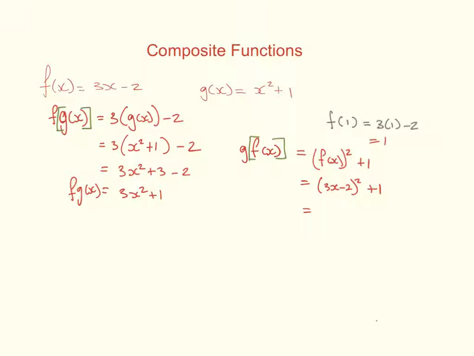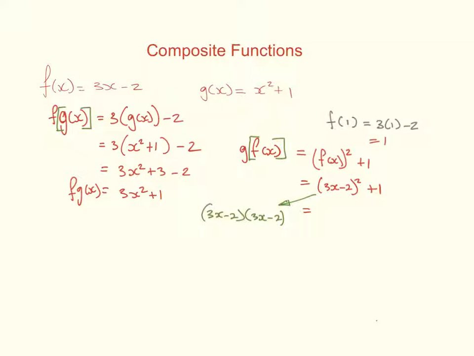This here actually means that you need to do 3x minus 2 multiplied by 3x minus 2. You have to do that, and then you have to expand that, multiplying each in turn.